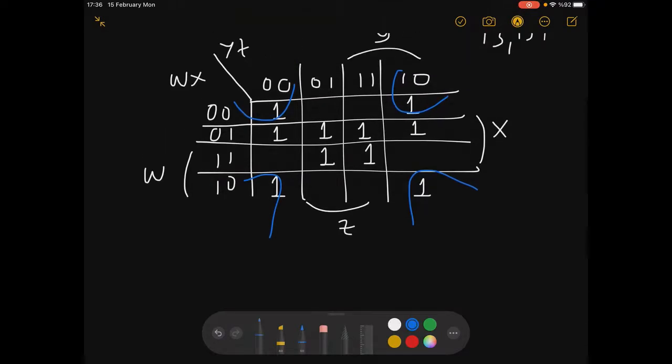So what would this one give you? X naught Z naught, the blue one, and the red one will be what? Plus X Z, and plus we have one more term or two. Are you going to do it like this?